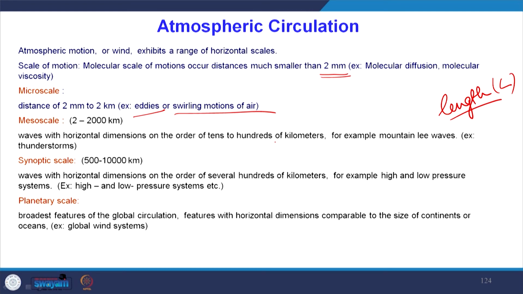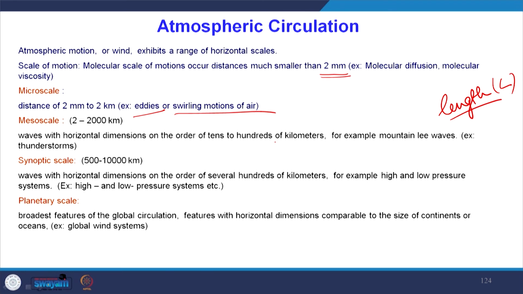That means the wavelength of this particular wave will be of the order of several hundreds of kilometers. But it is a wave which is traveling from one point to another point. So, for example, mountain lee waves, thunderstorms, things like that. So, the motions which are from the order of 2 kilometers to 2000 kilometers are categorized into mesoscale motions.